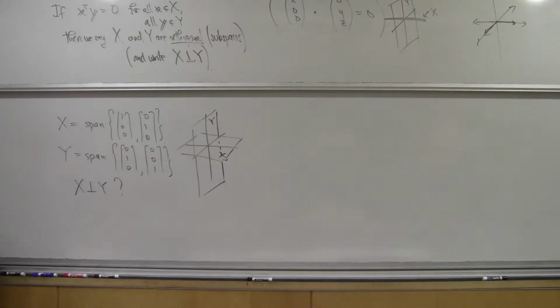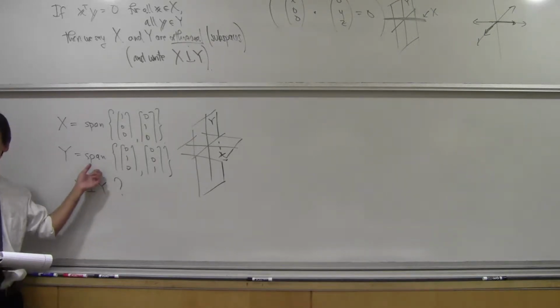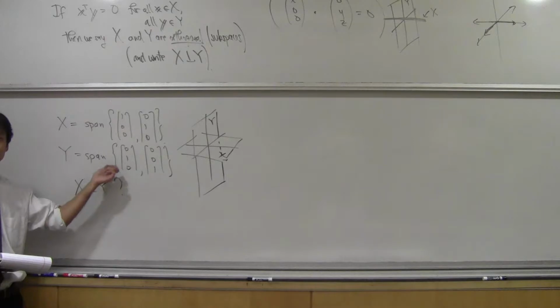So the answer is no. Can you give me somebody in X and somebody in Y who are not perpendicular to each other? Connor, do you want to? (0, 1, 0), yeah. (0, 1, 0) lies in both spaces and is not perpendicular to itself.